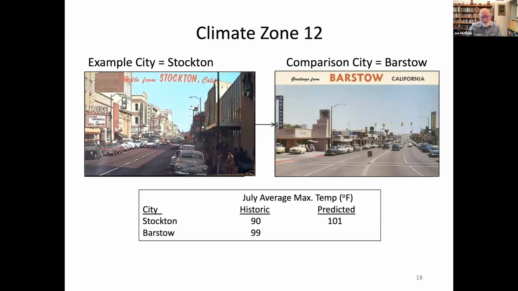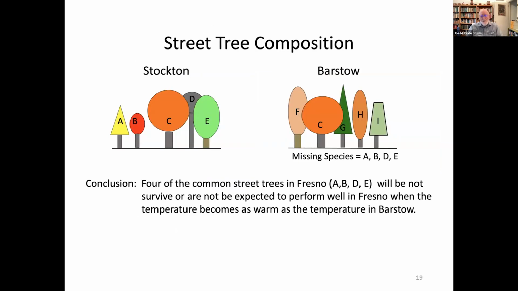And the closest city to that now is Barstow, California. So if one would go to Stockton, California and identify the street trees in that city, and then go to Barstow and identify street trees, in this theoretical example, there would be certain trees missing in Barstow that were not present in Stockton today.